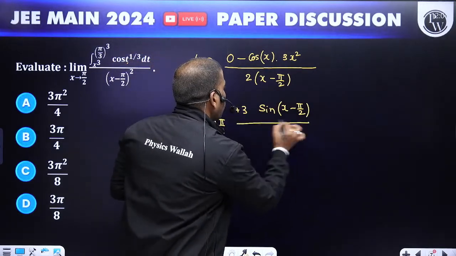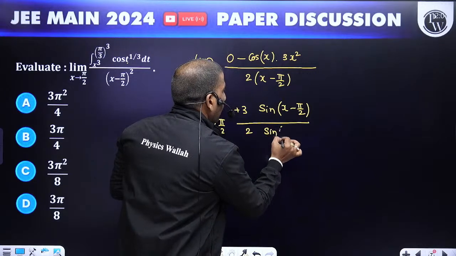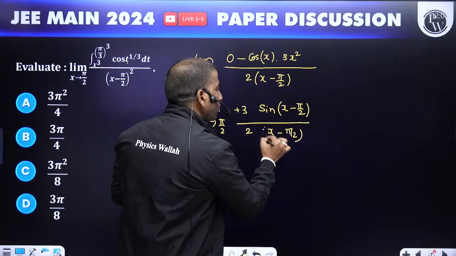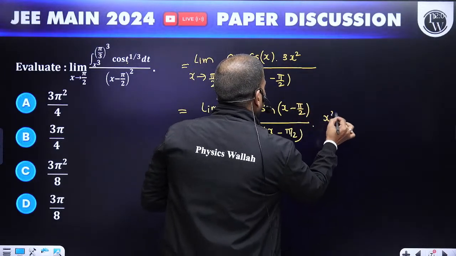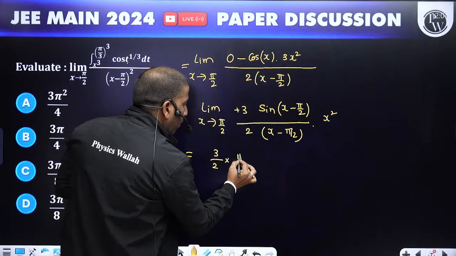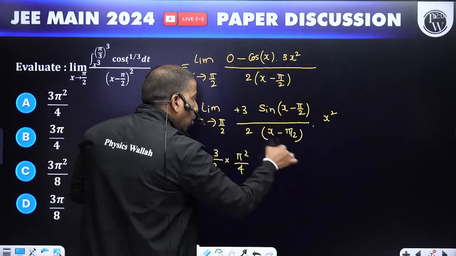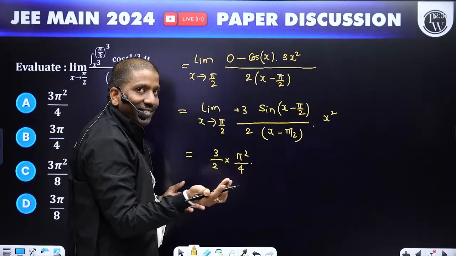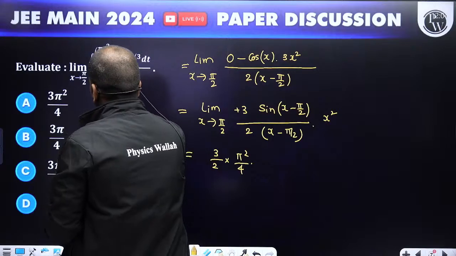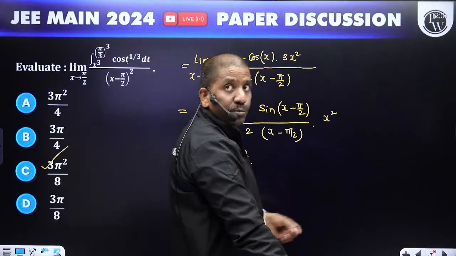So now 2 times sine of x minus pi by 2, and x square as it is. Once you apply the limit, 3 pi square by 4 over 2, and the sine theta by theta term becomes 1. So 3 pi square by 8 is our right answer. Option C is our right answer.